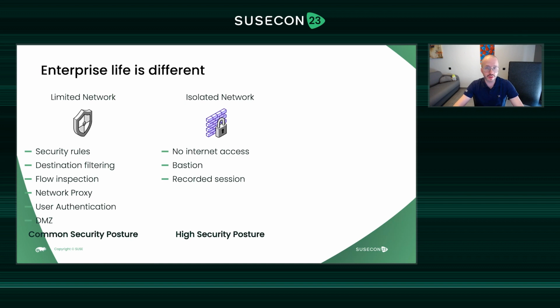Potentially, you often need to use a Bastion to have access to the apps. The sessions are recorded just to have proof if there is some issue. This is the highest security posture you can find, and it also complicates a lot the life with a Kubernetes cluster in this kind of environment. So let's see how we can work with this context.